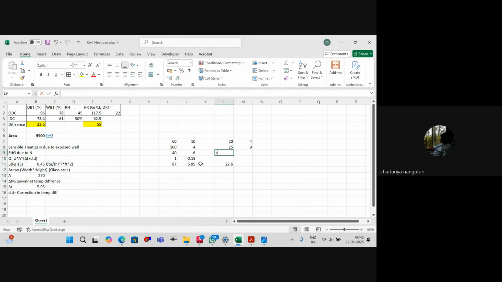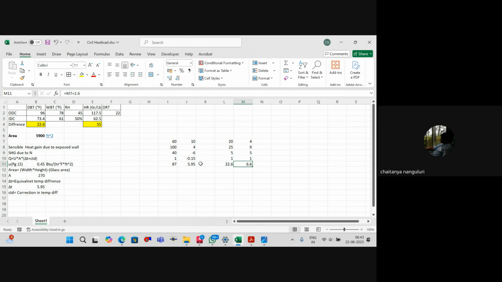So 22.6, again, I'll use the formula. For 1, the value is 1. So 22.6, I can write it as 20 plus 2.6, and the value is anyway 1 per degree, so I can add 2.6 directly to 4.